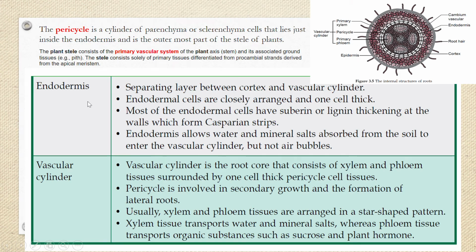We're talking about the endodermis. Most of the endodermal cells have this structure, the suberin or lignin thickening at the walls. This thickening is known as the Casparian strips. So what actually is the Casparian strip?